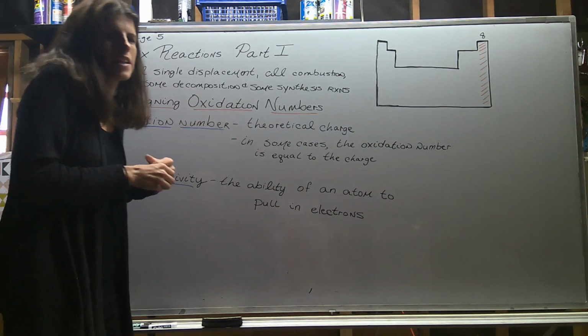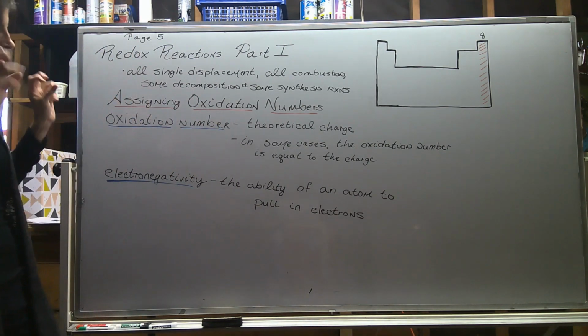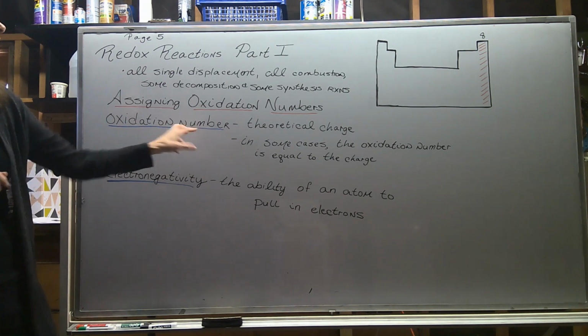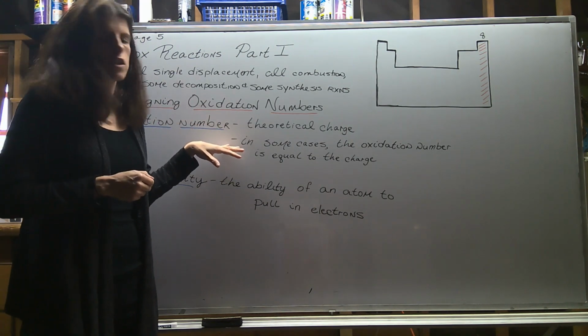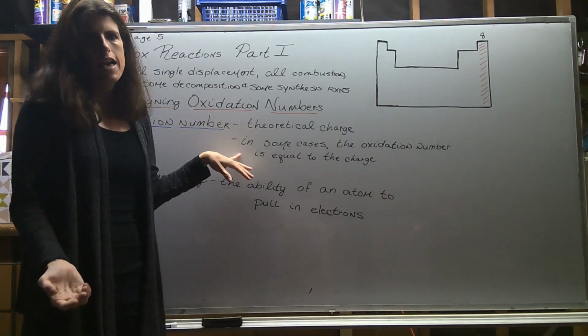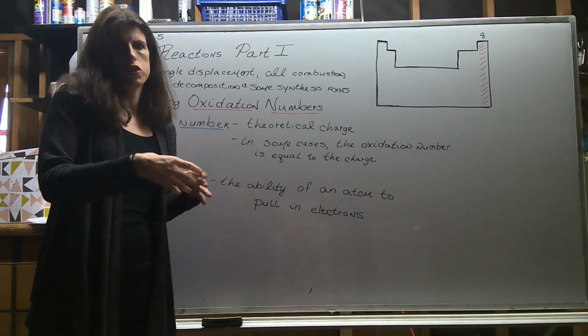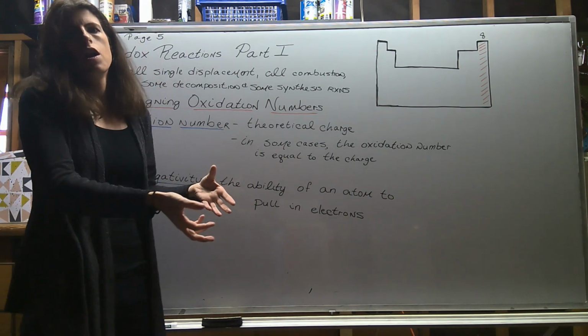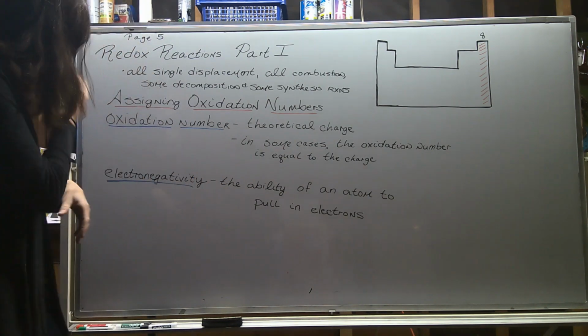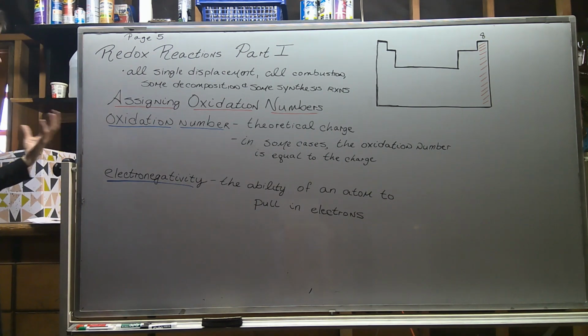But we need to assign it a charge anyway, and we call those theoretical, those fake charges, oxidation numbers. We can also assign oxidation numbers to ionic compounds, and in that case, we'll see, and we're going to practice this, that the oxidation number is equal to the charge on the ion.